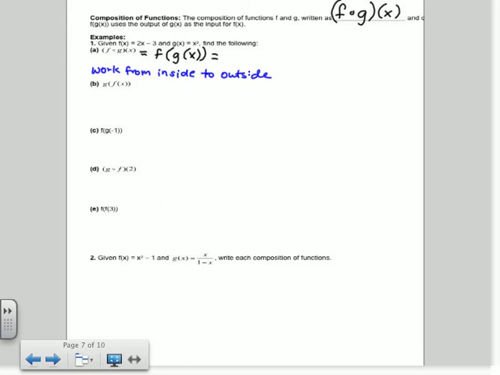So I'm going to start in the middle. And I'm going to say, well, g of x, I was given. g of x is equal to x squared. So I'm going to replace that innermost piece with x squared, because that's what g of x was.